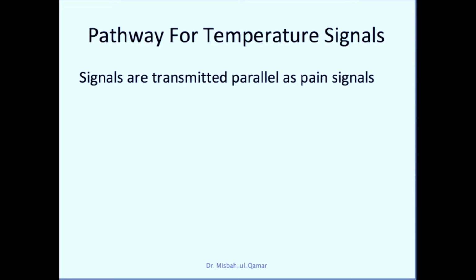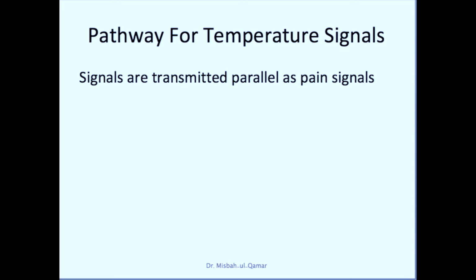So what happens is that on entering the spinal cord, these thermal signals travel for a few segments upward and downward, and then they terminate in laminae 1, 2 and 3 of the dorsal horns. Then after some processing, these signals enter the ascending thermal fibers, which cross to the opposite anterolateral sensory tract, and then they terminate in both the reticular areas of the brainstem and the ventrobasal complex of the thalamus.